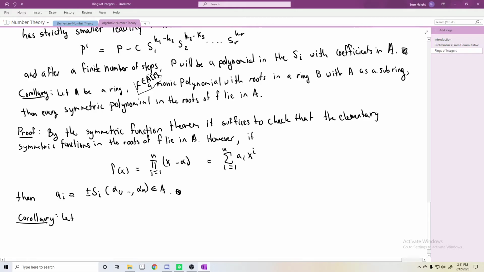So I'm going to let A be an integral domain.